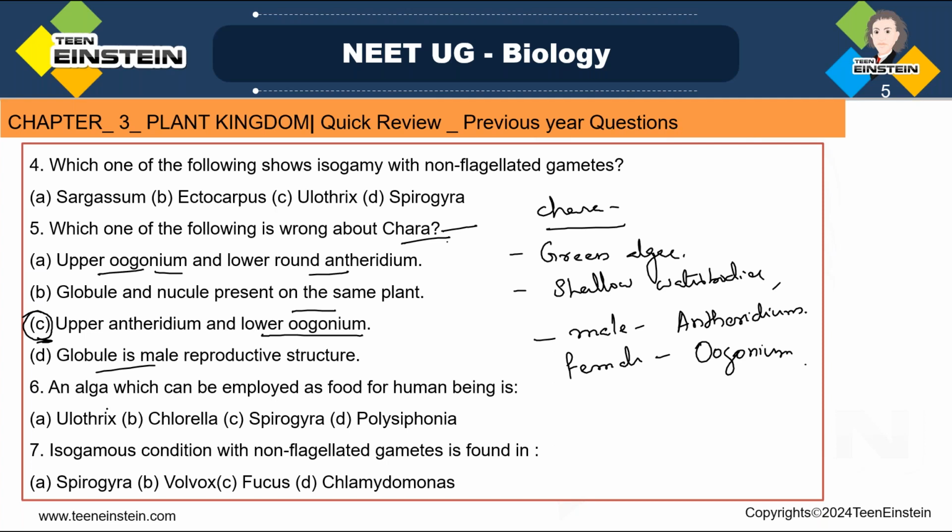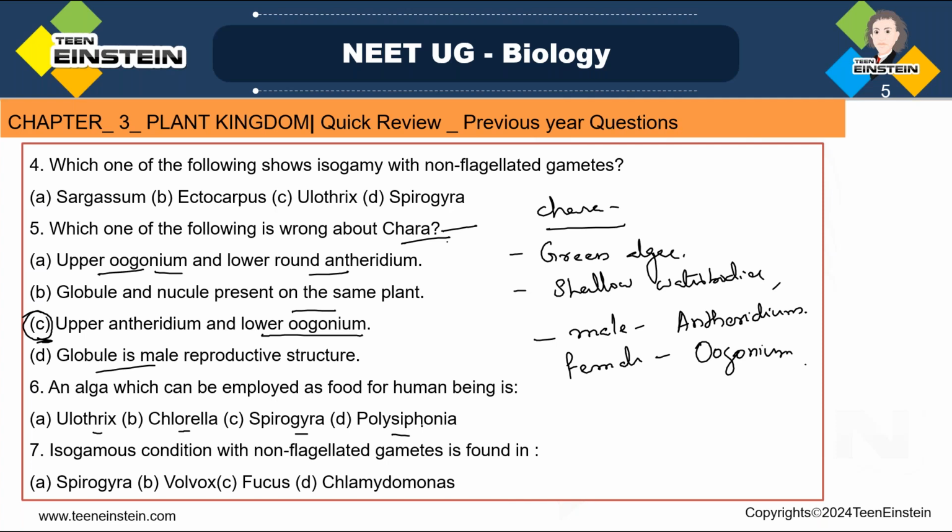Food for human beings. Options are Ulothrix, Chlorella, Spirogyra, Polysiphonia. Right? So among these, which option can you select? Which can be employed as food for human beings? Which is the right answer?